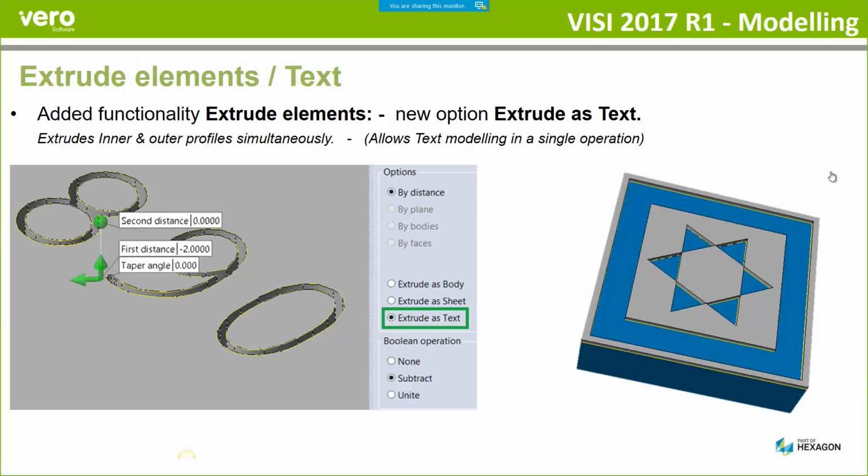Now there's a new option within the extrude elements tab or function. You can see it's highlighted there. It's called extrude as text. Now it does exactly what it says on the tin.